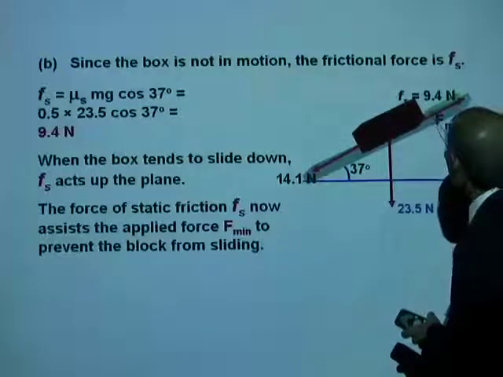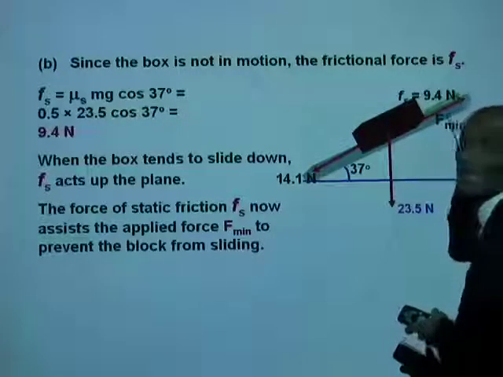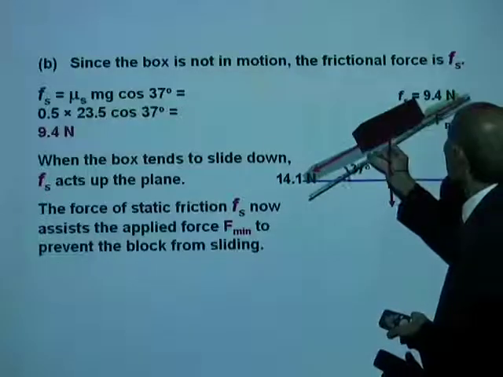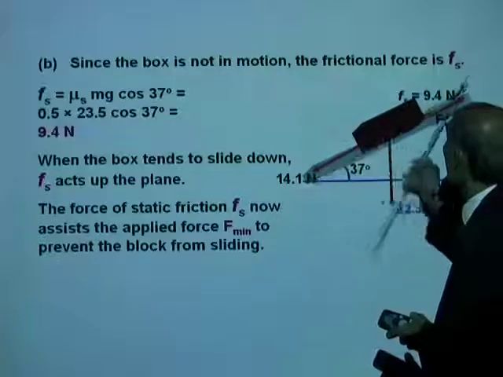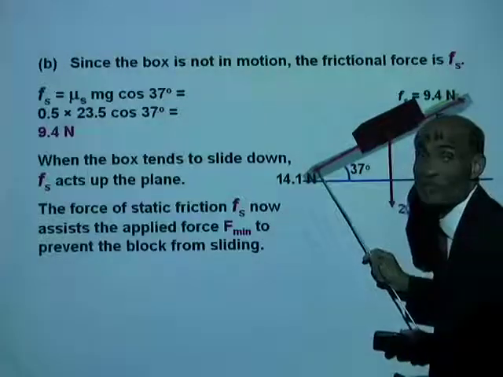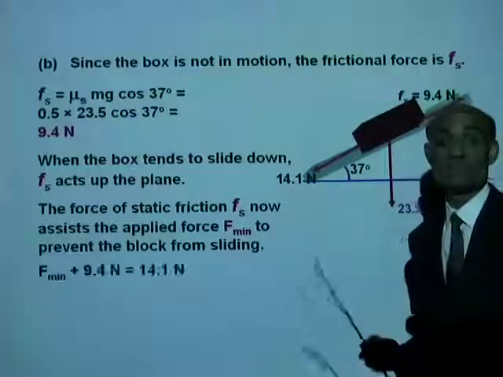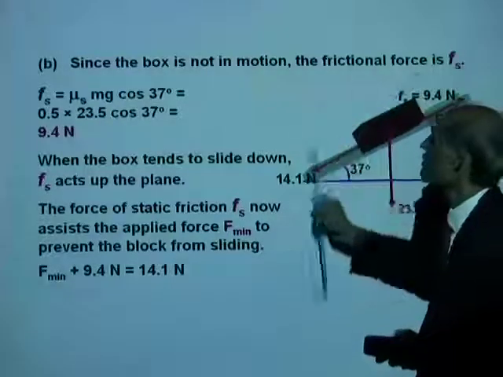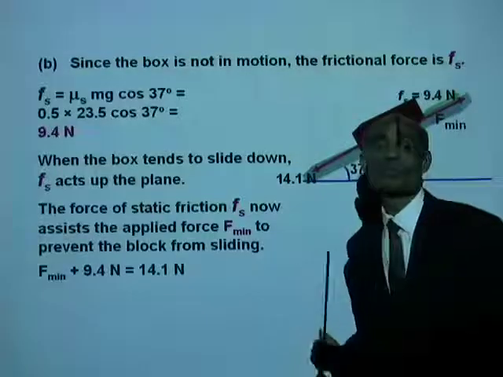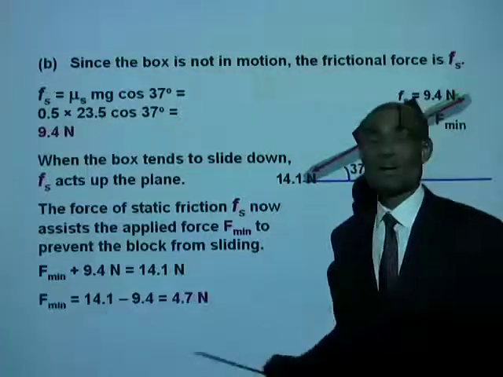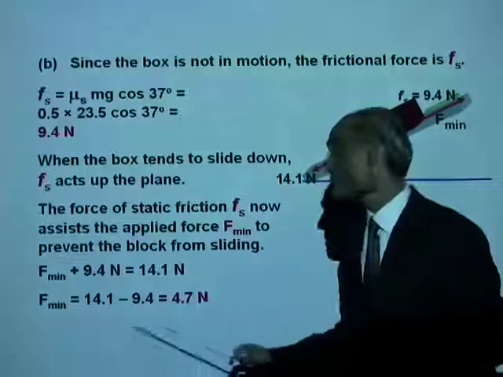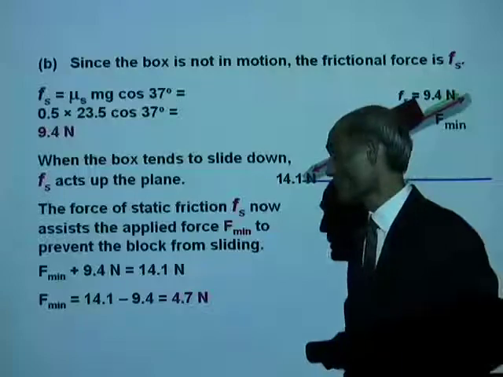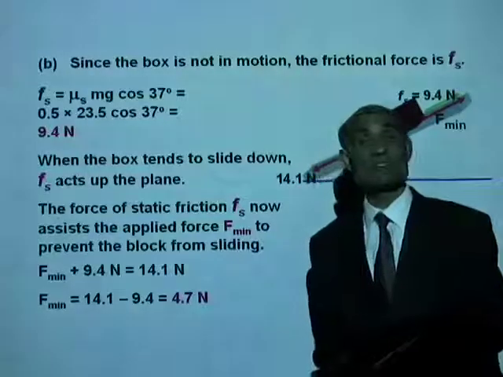So you're going to apply an F minimum, that is the green arrow here, upward, and the sum of the red arrow and the green arrow upward must balance 14.1 downward. So we say F minimum plus 9.4 Newton equal to 14.1 Newton, and that gives you the F minimum as 14.1 minus 9.4, that is 4.7 Newton.